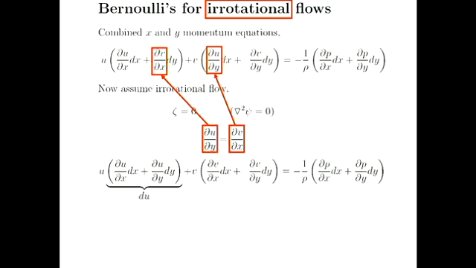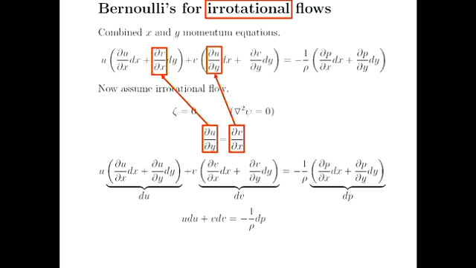So that first term, du/dx dx plus du/dy dy, is just the total change in u, so it just becomes du. This other term is just dv, and this other term is just dp. So basically what we have is almost a form of Bernoulli's equation, but the only thing that we've really assumed here, in addition to 2D inviscid incompressible flow, incompressibility being one of the other assumptions of Bernoulli's equation when you derived it previously, is irrotational flow.